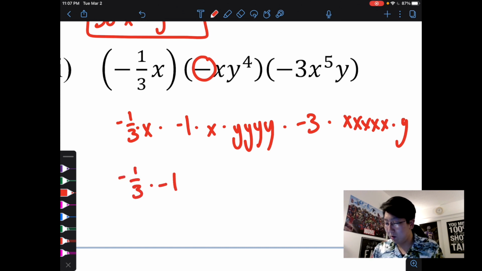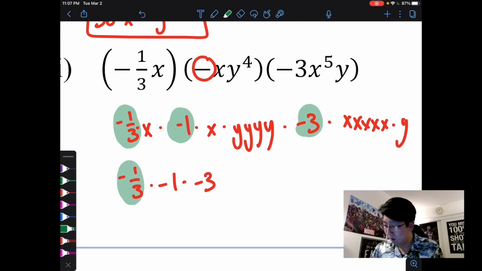Alright, I'm going to put the numbers together. -1/3 times -1 times -3. And you can see I'm counting this, this, and this. -1/3, -1, -3. Okay.